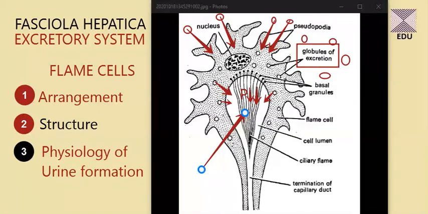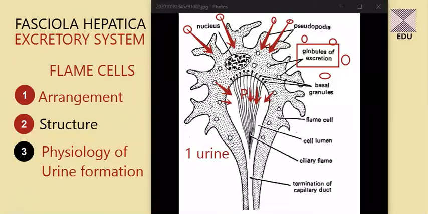So these excretory globules, or the excretory products, are now present in the cell lumen, in the lumen of the flame cell. Now this particular excretory product is called the primary urine. So here we can write it as the primary urine.